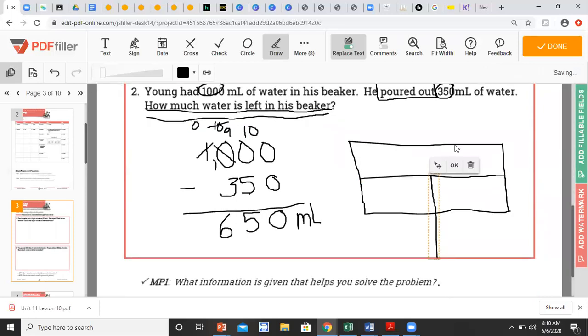We know that we're going to start off with 1,000, so that will go at the top, our 1,000 milliliters.